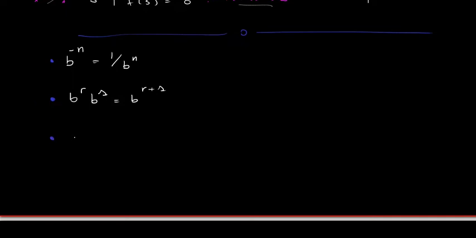If now we have two different numbers, a to the power r and b to the power r, then we can write this as a times b to the power r. Similar to the second property, when we have b to the power r divided by b to the power s, we can rewrite this expression as b to the power r minus s.